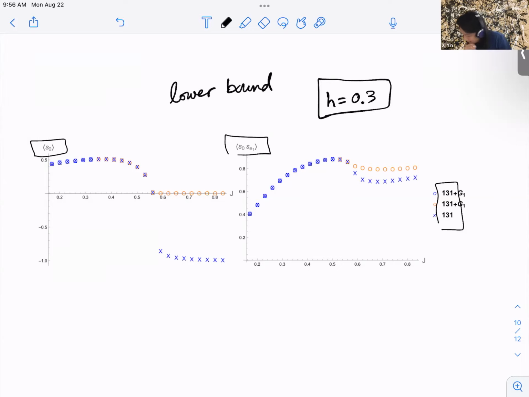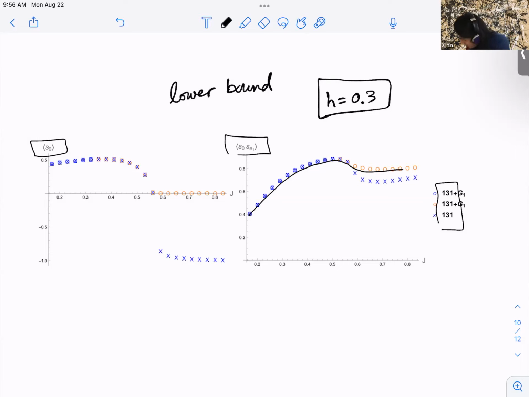The point is this. Let's look at this curve here. This is if we impose the reflection positivity on the 131 diamond together with the first Griffith inequality, and it has this non-monotonic feature.